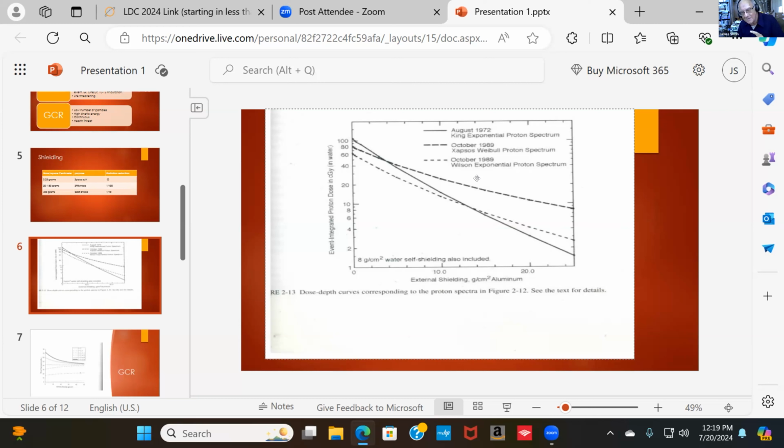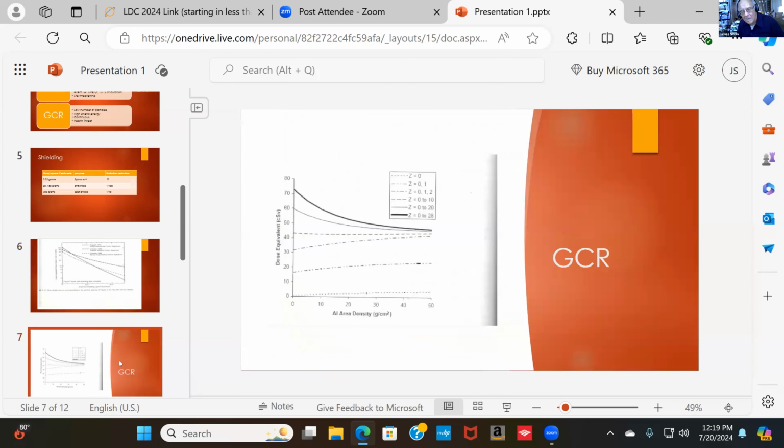One is based on the Weibull function, while the other is based on an exponential spread of the particles. For radiation from galactic cosmic rays, at the 20 grams per square centimeter mark we see a marked reduction, but then the curve flattens out, and I'll go over why that curve flattens out.